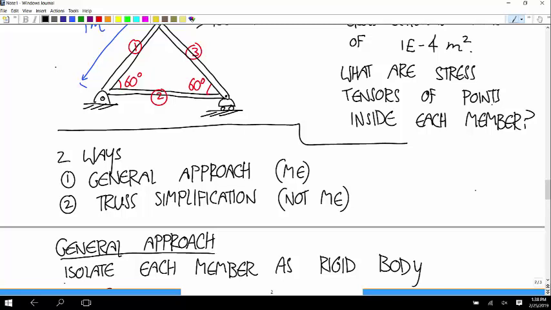So, unless we're going to treat the individual pins as their own bodies, we have to decide which member we want to associate the pin with. You can do it any way you want, you just have to be organized about it. But I always say the pin is part of the lowest numbered member that it touches.